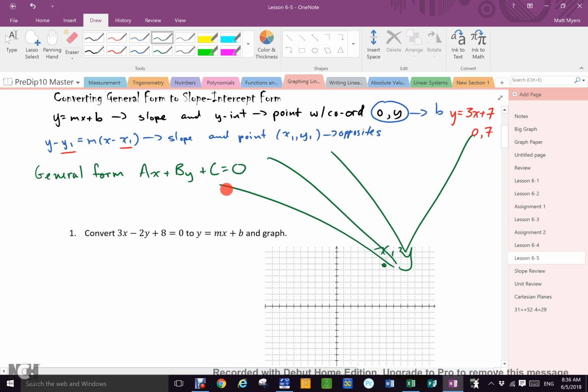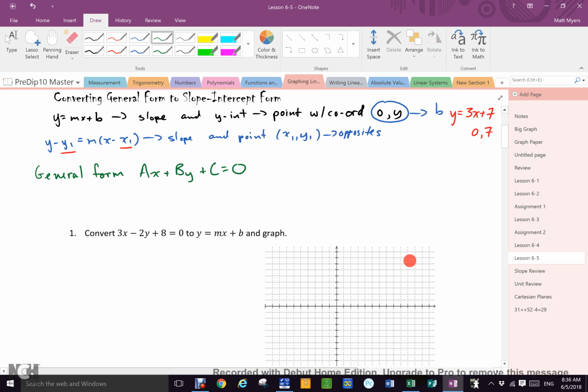Is everybody good? Okay. What else is similar? Is there anything else similar? No, there isn't, is there? There's no m's in general form. There's no brackets in general form. There's a constant in general form. There's a constant in slope-intercept form, but there's no constants there, right?